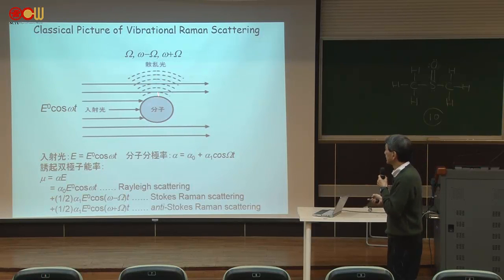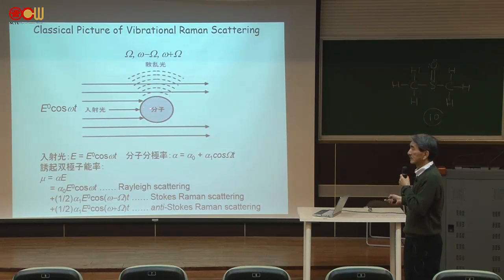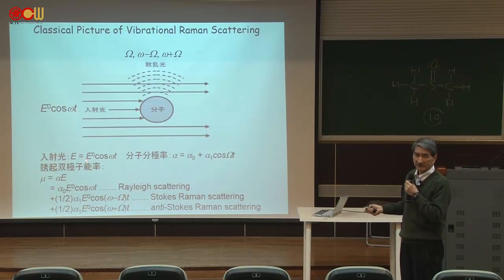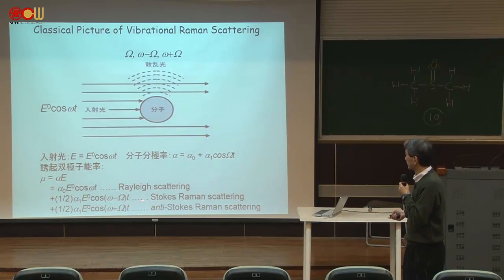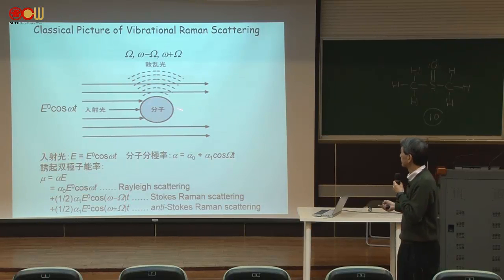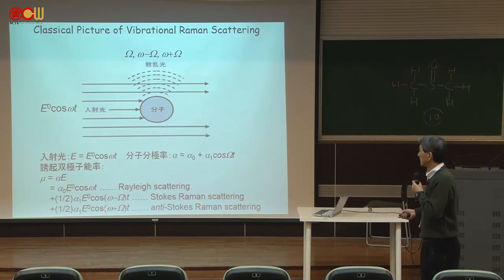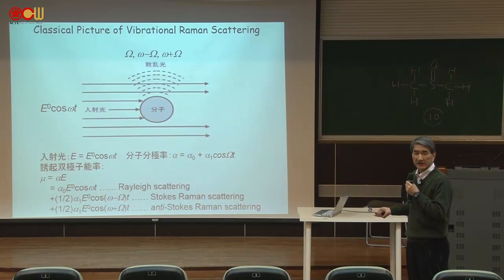If you have an oscillating dipole with small omega, that means light with angular frequency small omega is emitted from this molecule. Then you have this component oscillating with small omega minus large omega. That is Stokes-Raman scattering. So you have a frequency shifted by large omega, the angular frequency of the molecular vibration. And also you have the term small omega plus large omega that corresponds to anti-Stokes-Raman scattering.